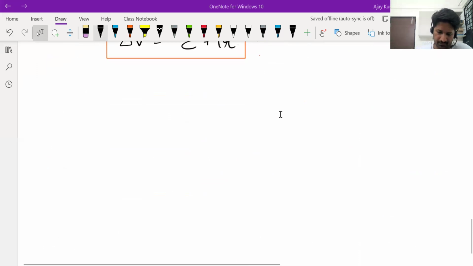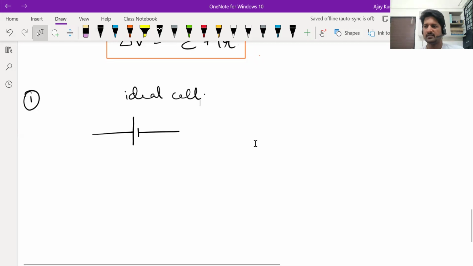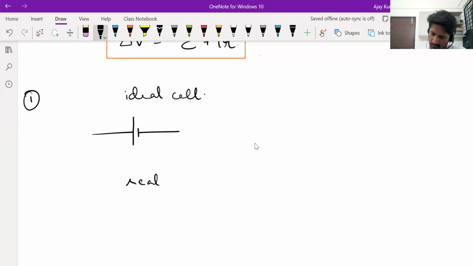Okay, let's solve questions based on this. You all know the symbol for a cell, right? Positive terminal, negative terminal. If it is only like this, then it's an ideal cell. Now a real cell has electrolyte inside it. It offers resistance to electrons. So a real cell will be represented this way.